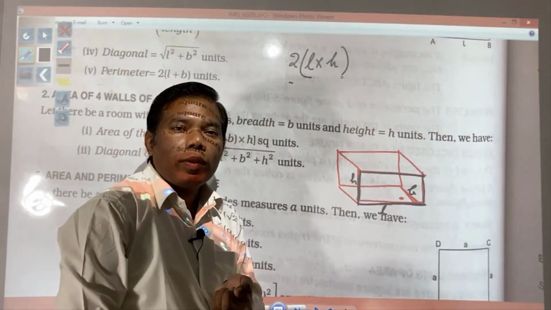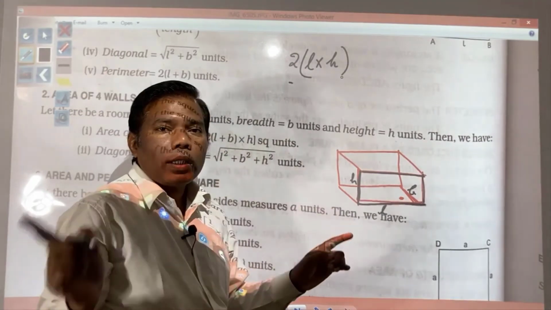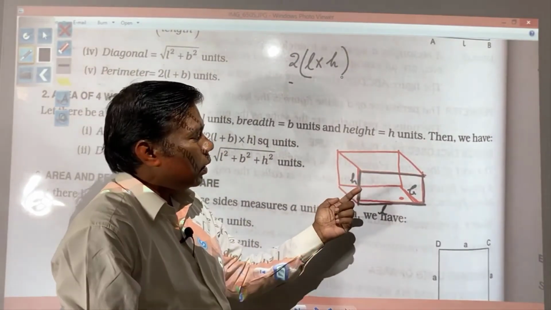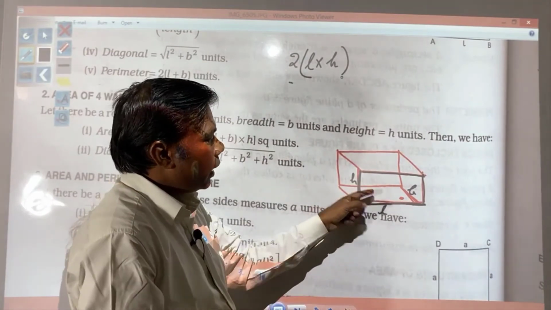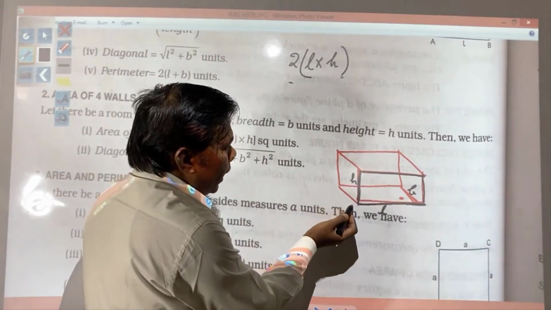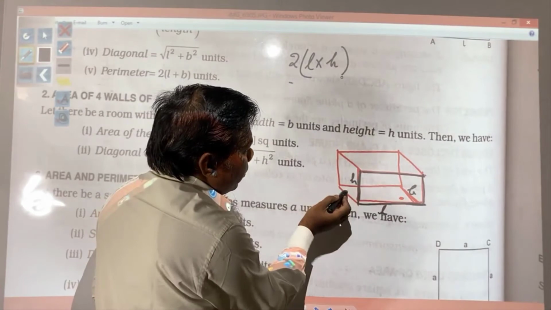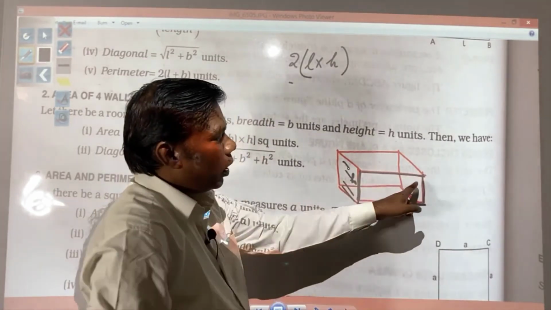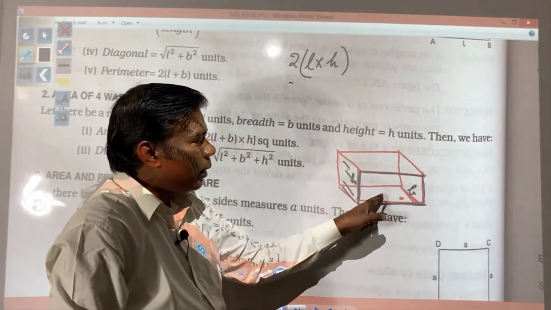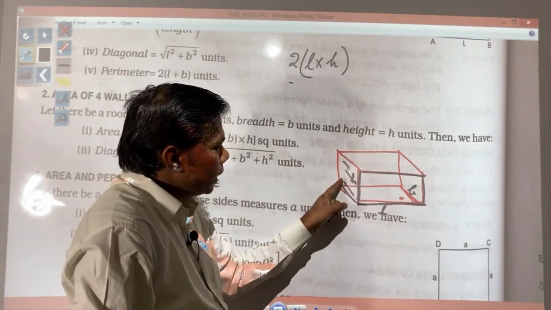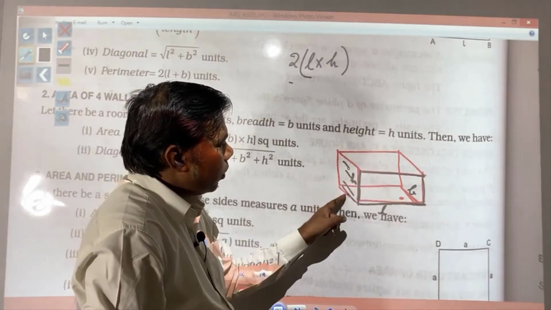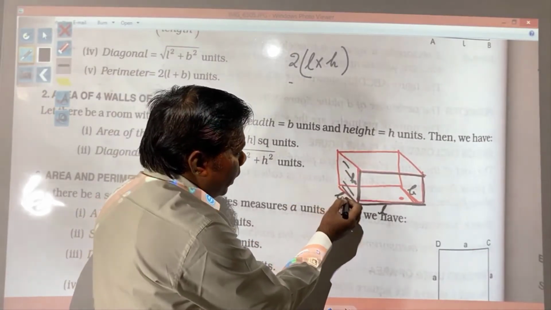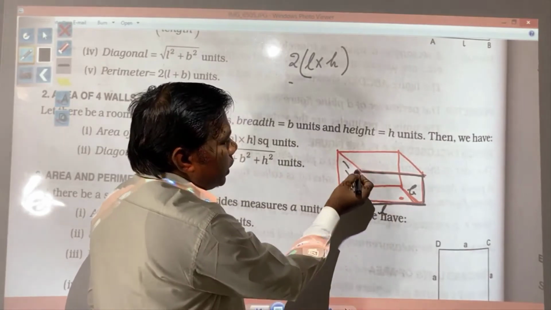Just assume wherever you are sitting in your room, 2 walls you will get, just opposite to each other. And if you are taking this wall, opposite to this also 1 wall you have. Only you leave floor and ceiling. So if you want to find the area of this wall, here you are having B. This you see, B into H you will get.